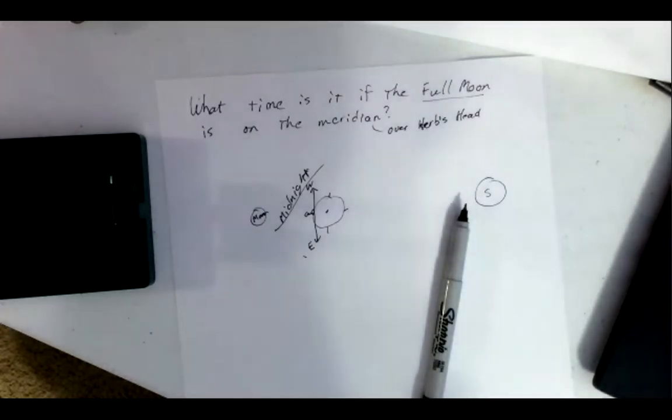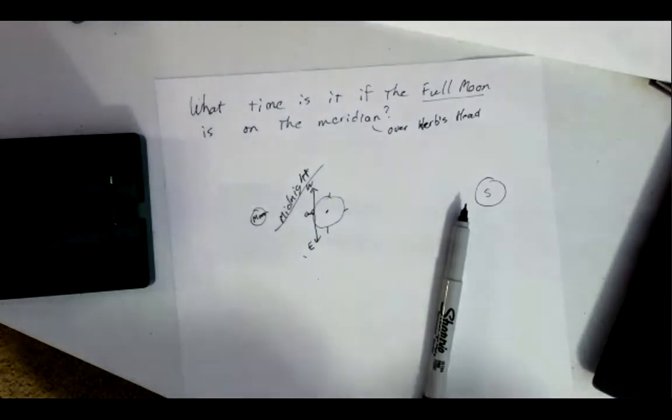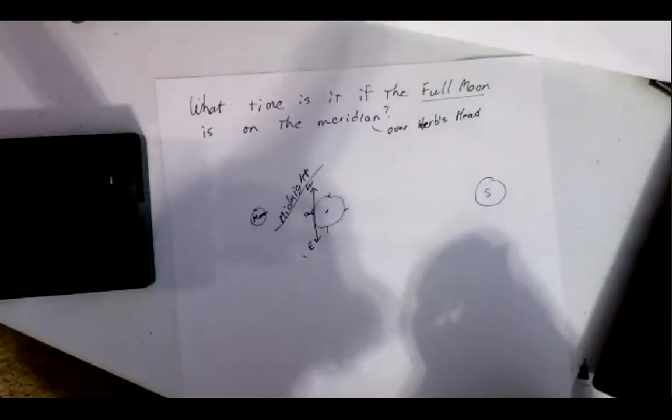Let me ask you a question. When we refer to the position of the moon at any time in any question, is the moon not always on the meridian? For a specific time, it's on the meridian.